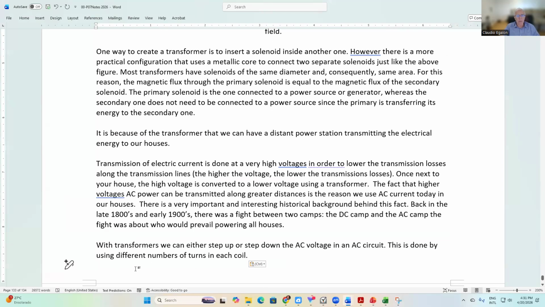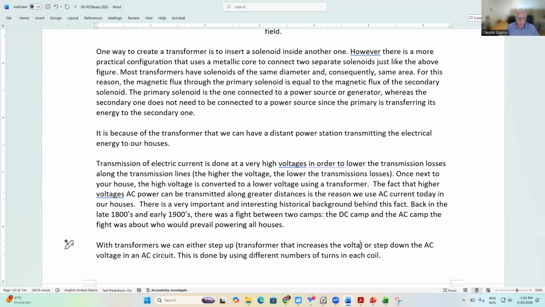When we increase the voltage with a transformer, the peak voltage, we call the transformer a step up transformer. A transformer that increases the voltage.